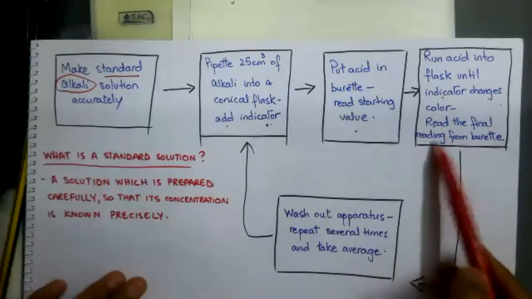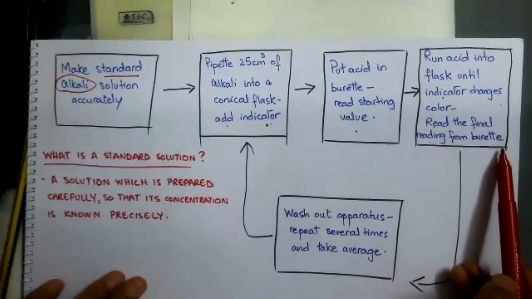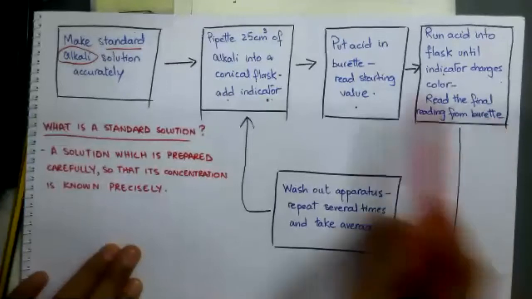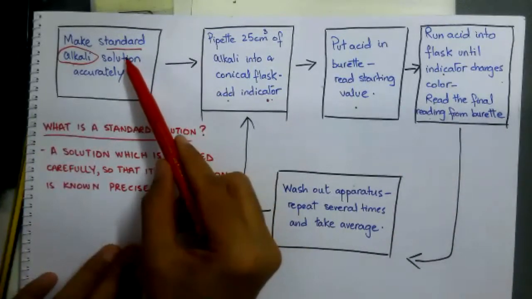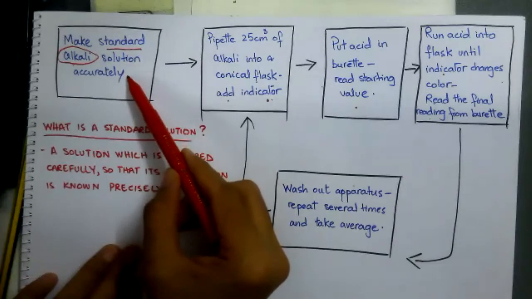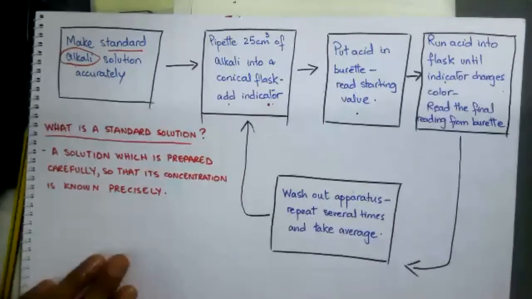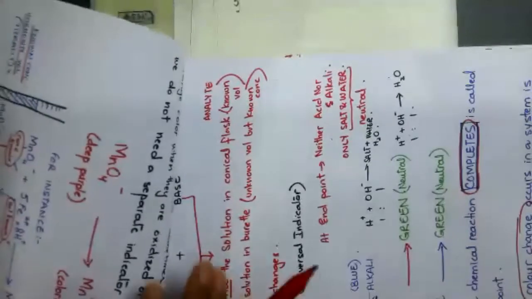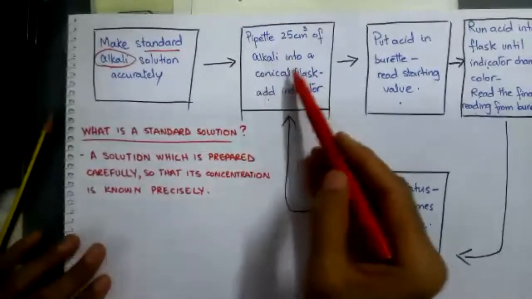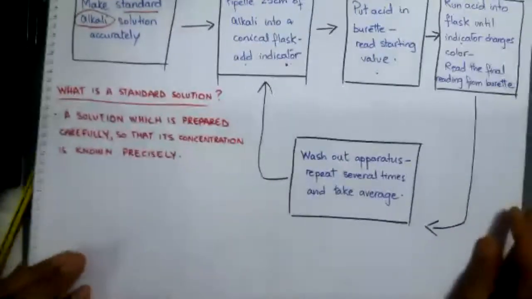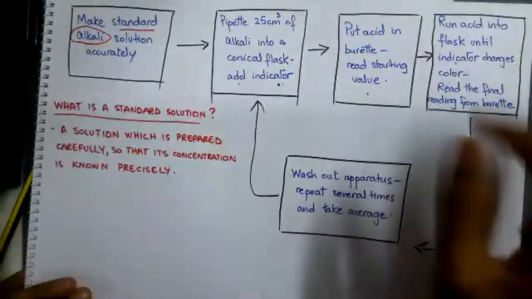Read the final reading from the burette. Shouldn't this standard solution, whose concentration is known, go in the burette, since you have to find out the volume? I don't know what's wrong with these terminologies, but anyway, don't confuse yourself, just remember what I told you.